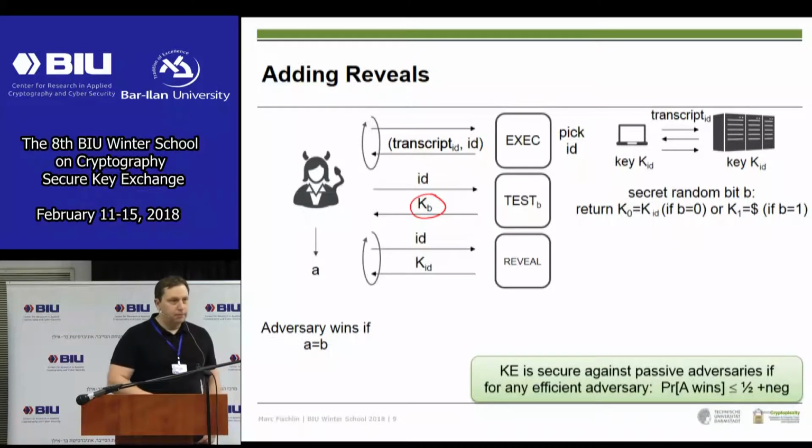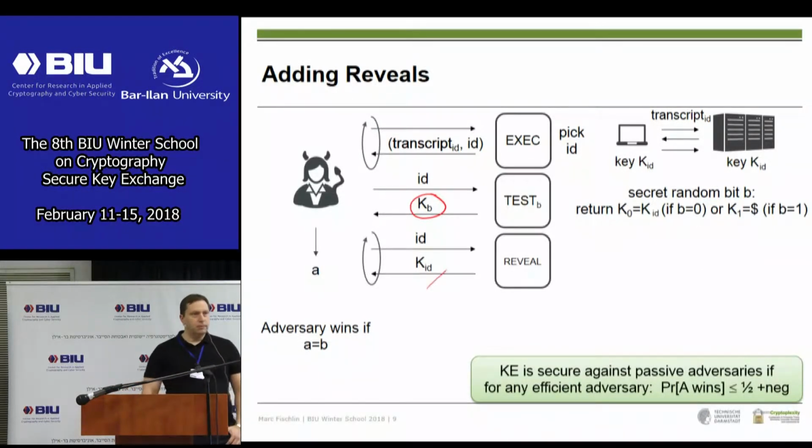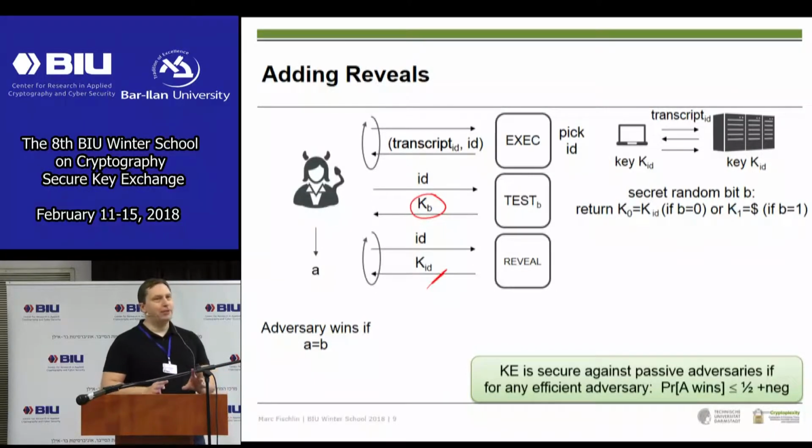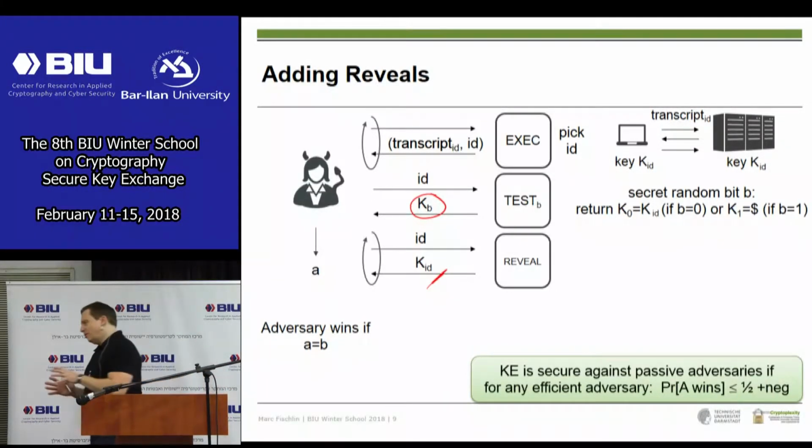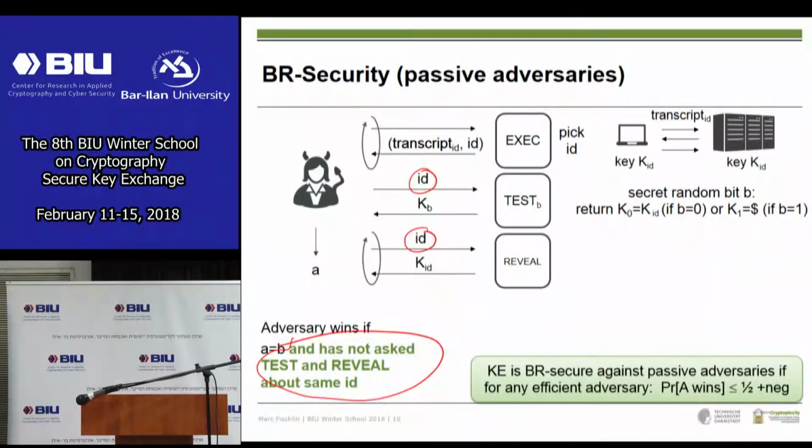I was thinking that in reveal you reveal for other IDs, not the one that you test. You would reveal for other IDs, exactly. That's what you want, right? So right now, this is a kind of trivial attack. I'm asking you, is this key secure? Or I'm asking you, can you tell me something about the key? And by the way, here's the key. There's nothing to protect here, right? Cryptographically, there's nothing you can do about this.